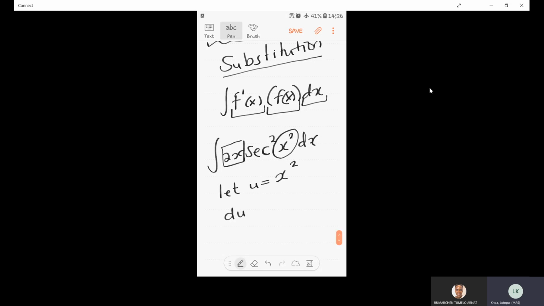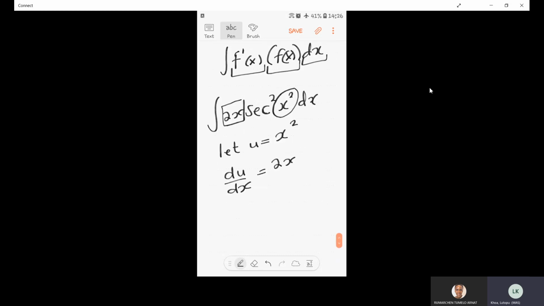Then we know that du/dx is equal to 2x. So what we do here is multiply by dx. So you have du is equal to 2x dx. So now we make our substitution. Wherever I have x squared, I'm going to put u, and wherever I see 2x dx, I'm going to put du.